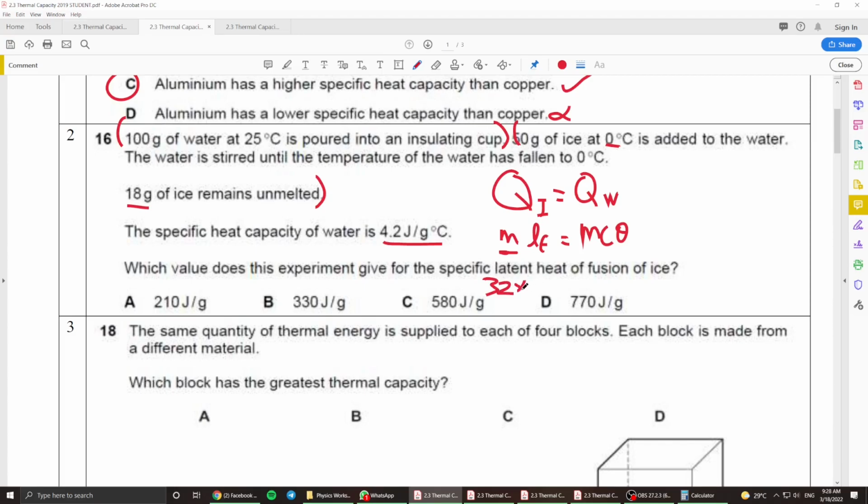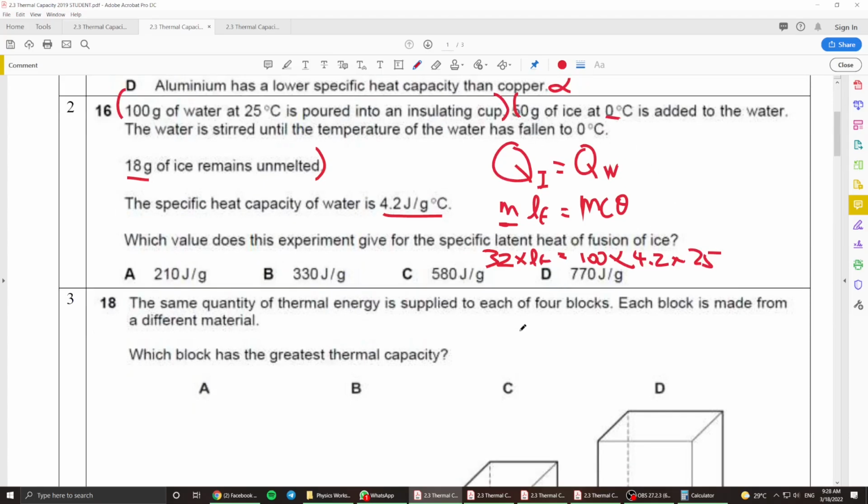So Lf equals the mass of your water, 100 grams, multiplied by the specific heat capacity of 4.2, multiplied by the temperature change of 25, because it's going from 25 to 0.